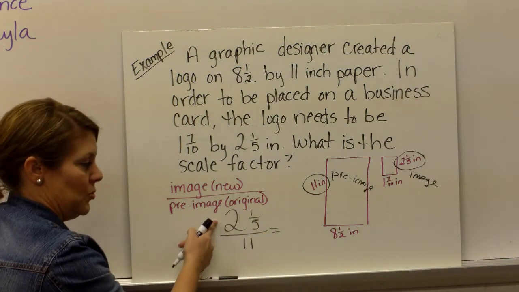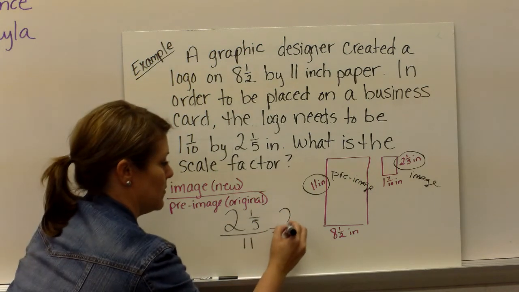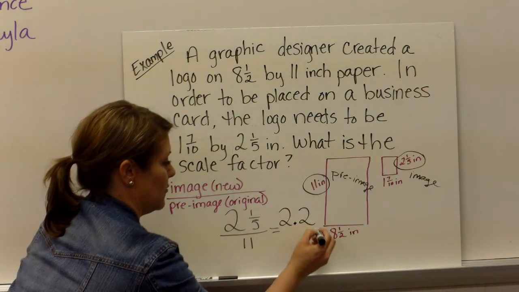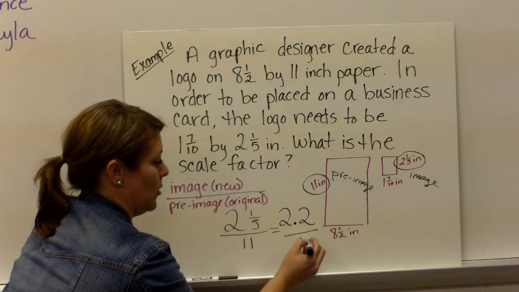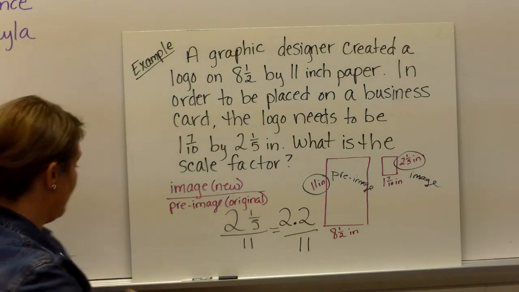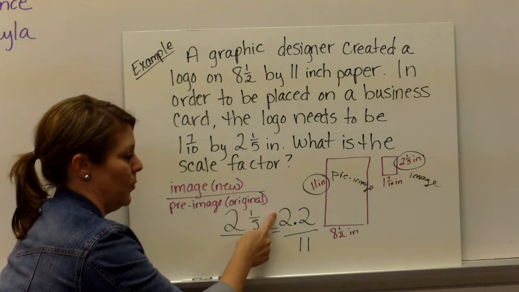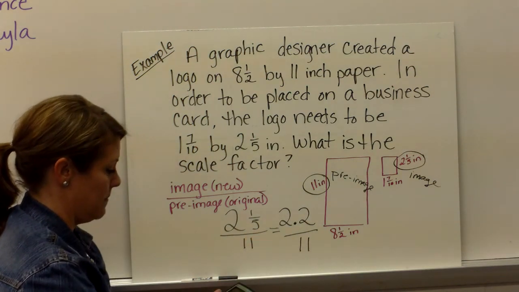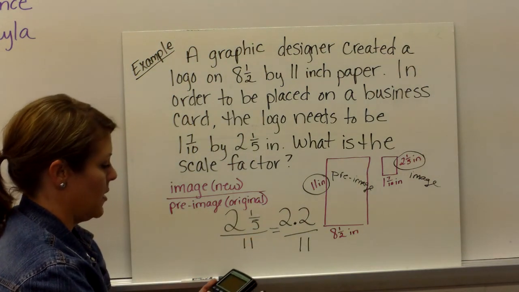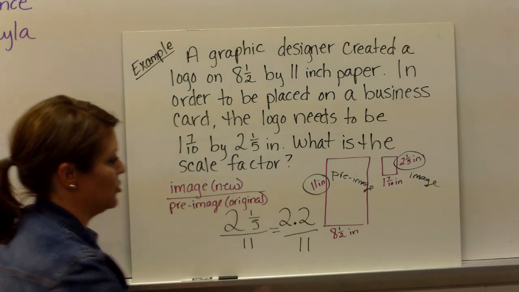You can change 2 1/5 to a decimal, easier to put in the calculator for you. So 2.2 over 11. Then when you do the math, you're just going to be doing 2.2 divided by 11, which gives you a 0.2.